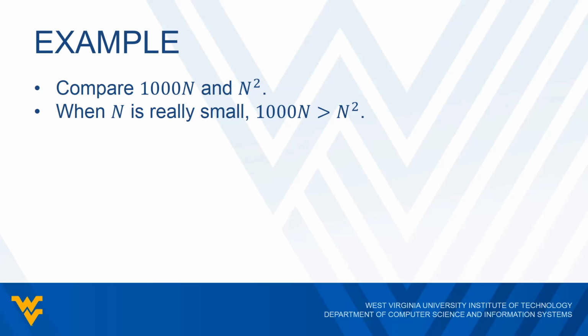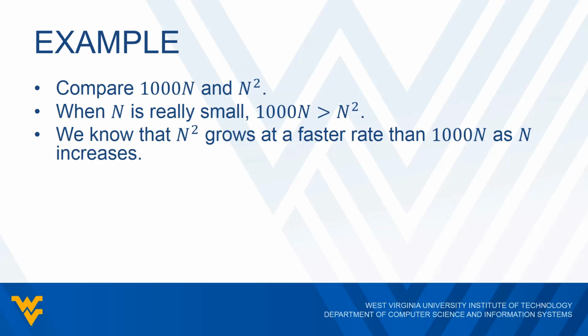So when n is really small, 1000 n is clearly greater than n squared. But we know that n squared is going to grow at a faster rate than 1000 n as we increase n. We might not see it right away, but eventually when n becomes large enough, n squared is going to become greater than 1000 n.